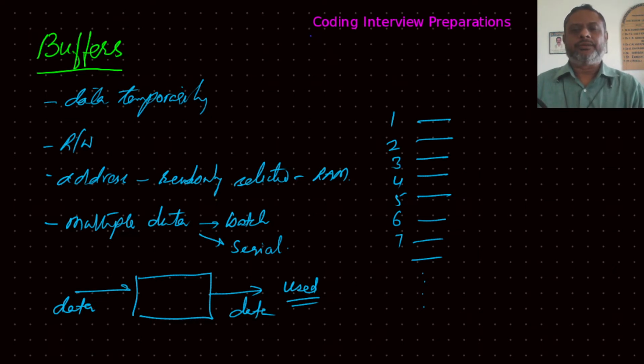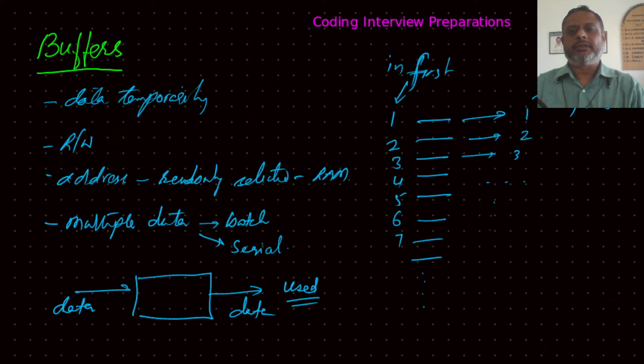If you start using data 1 first, then you use data 2, then you use data 3, and so on, then data 1 came in first and data 1 went out first. So the in was first and out is first. So this we call first in, first out type of working.